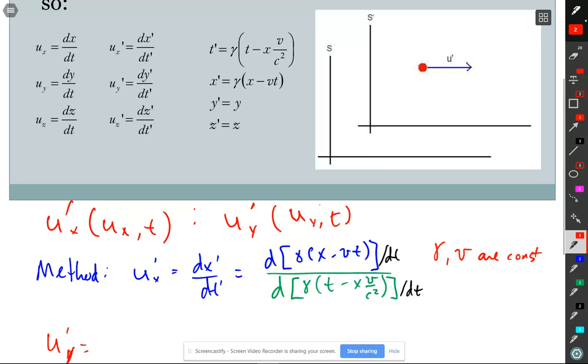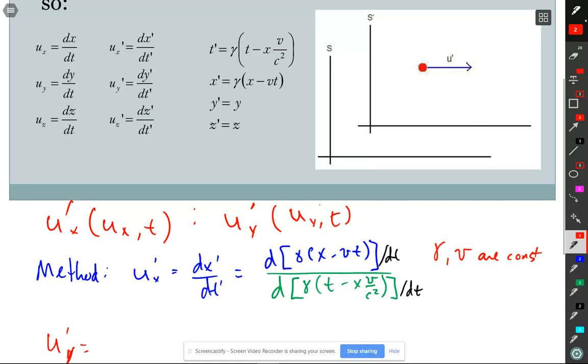And so the top is just... That's the definition of the change in t with respect to t.